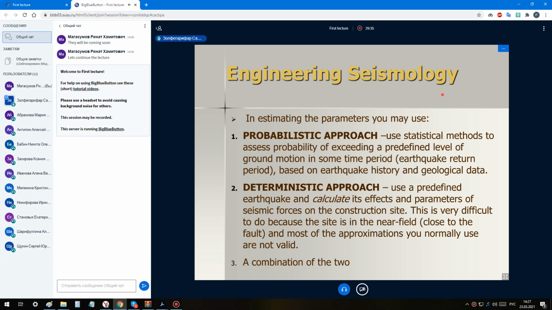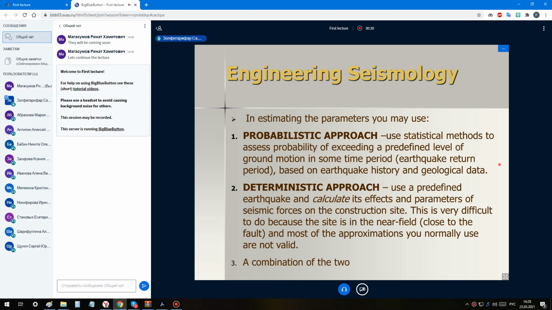In estimating the parameters, you may use the probabilistic approach or the deterministic approach, or combine the probabilistic and deterministic approaches. In the probabilistic approach, you use a statistical method to assess the probability of exceeding a predefined level of ground motion in some time period, such as the earthquake return period, based on the earthquake history and geological data.